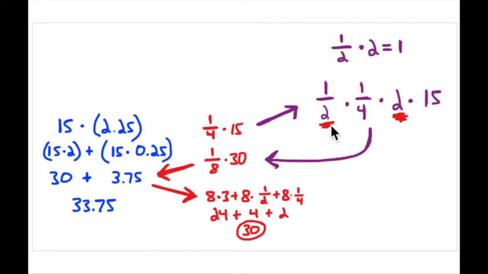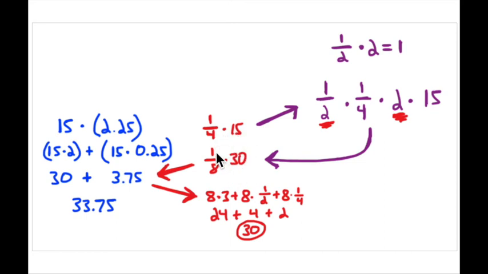So I'm taking 1/2 times 1/4, and I'm taking 2 times 15. So I'm taking half of one factor, and I'm doubling the other factor. So that remains the same, because in essence, you're still multiplying by 1. So these two problems are the same. They're just written in different forms.